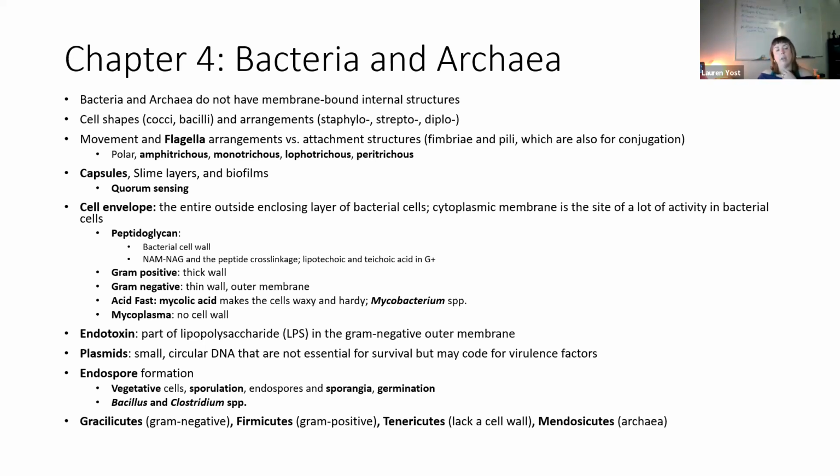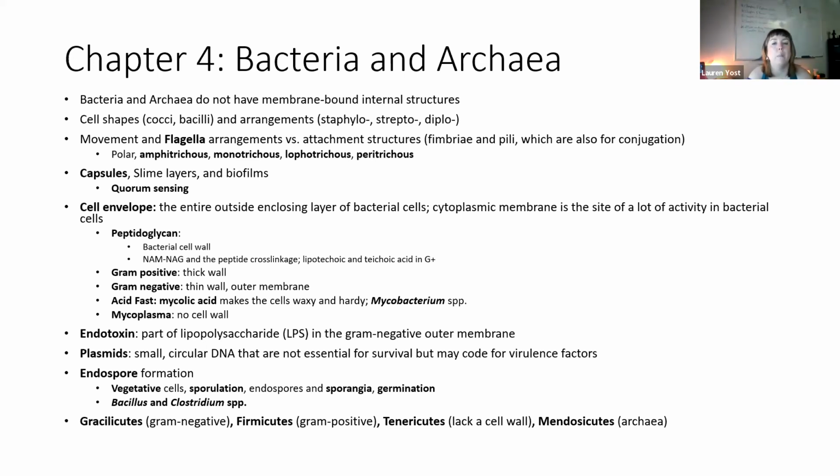And then we have categorization of organisms based on their cell envelope, essentially. The Gracilicutes are the gram negatives, the Firmicutes are the gram positives. Remember that the thick cell wall made of peptidoglycan is firm. So that's the Firmicutes. And then we have the Tenericutes, which have no cell wall.